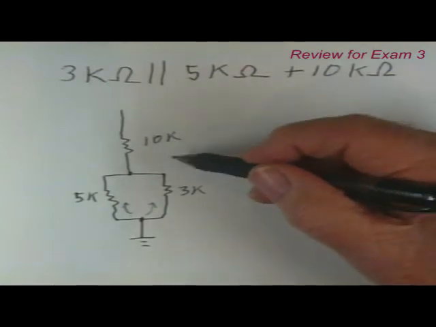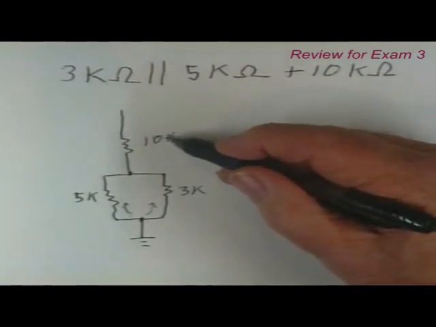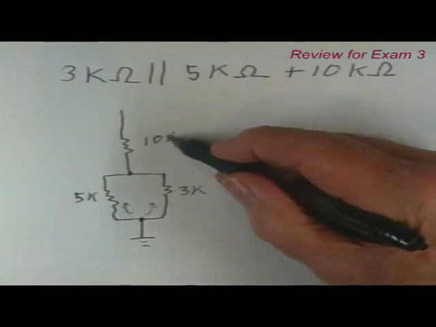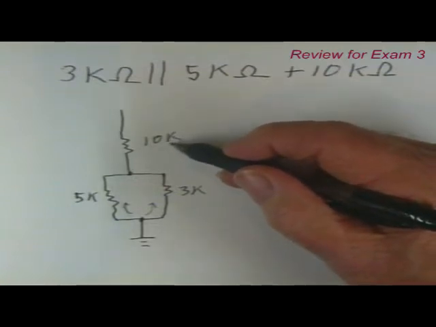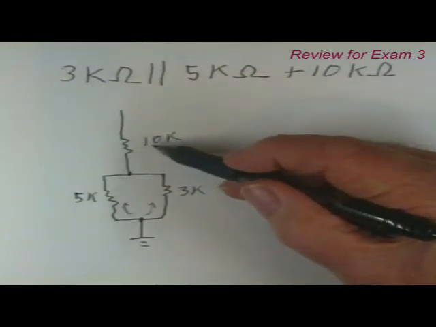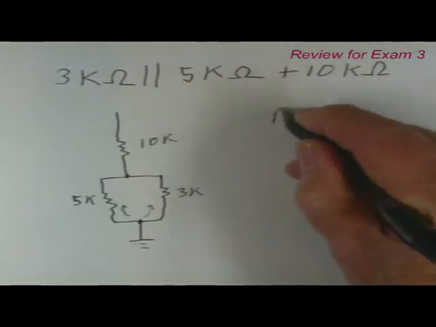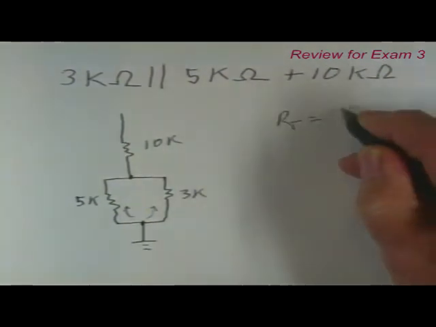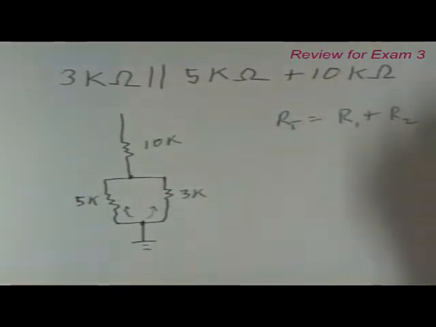I want you to remember that if you have a resistor here that's a 10K or any size resistor, and you get an answer that's less than 10K in this case, then it's going to be wrong, because what you're doing, you're adding resistors in series, and resistors in series are R total equals R1 plus R2 to Rn.